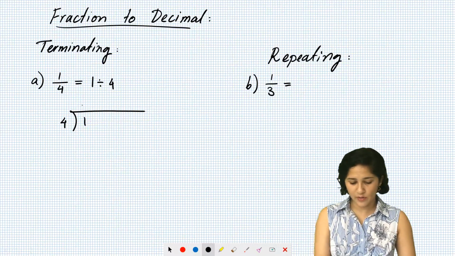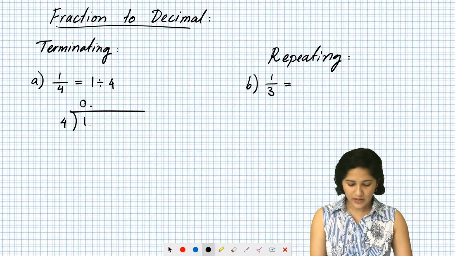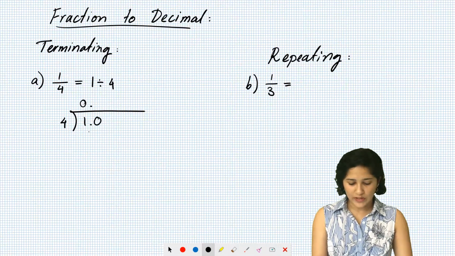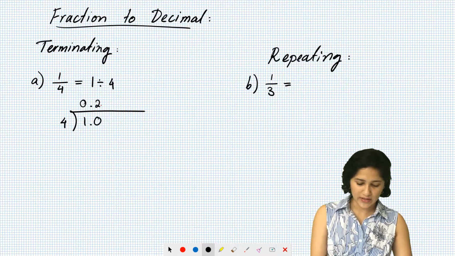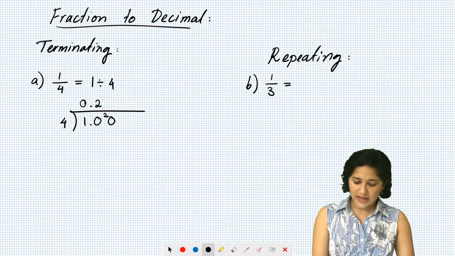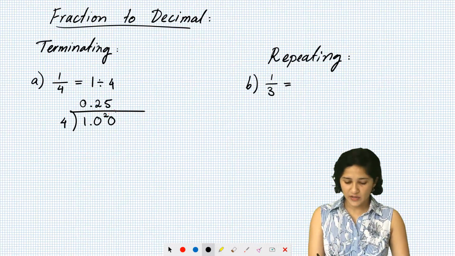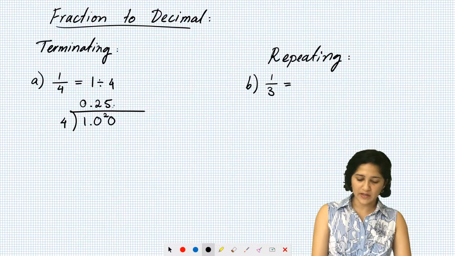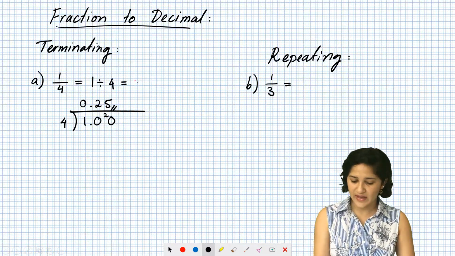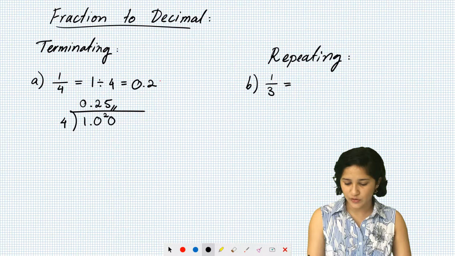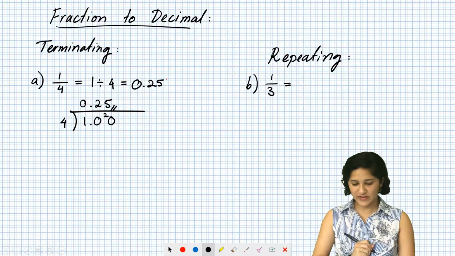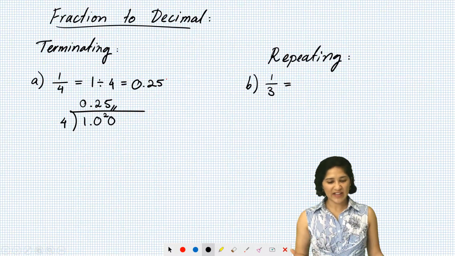So 1 divided by 4 doesn't work. 4 into 10 goes twice with a remainder of 2. And 4 into 20 goes 5 times exactly. When it goes exactly, we have no remainder, so we just stop there, and we end up with 0.25.